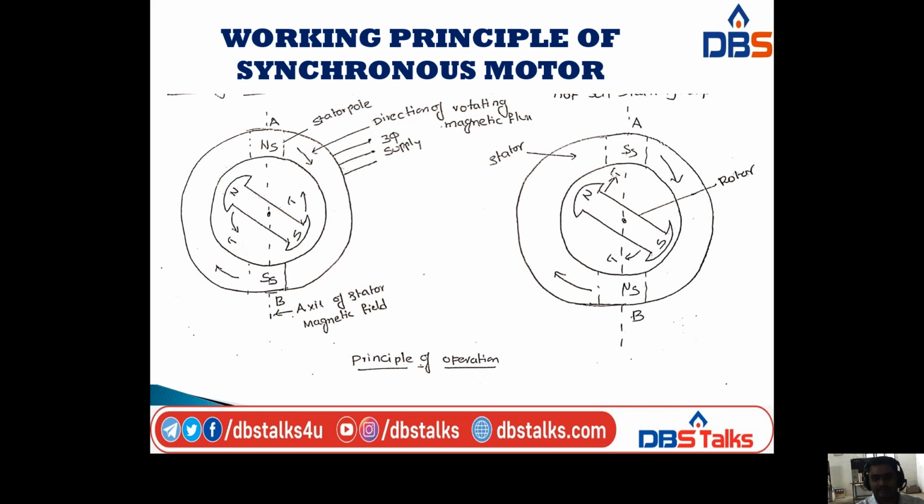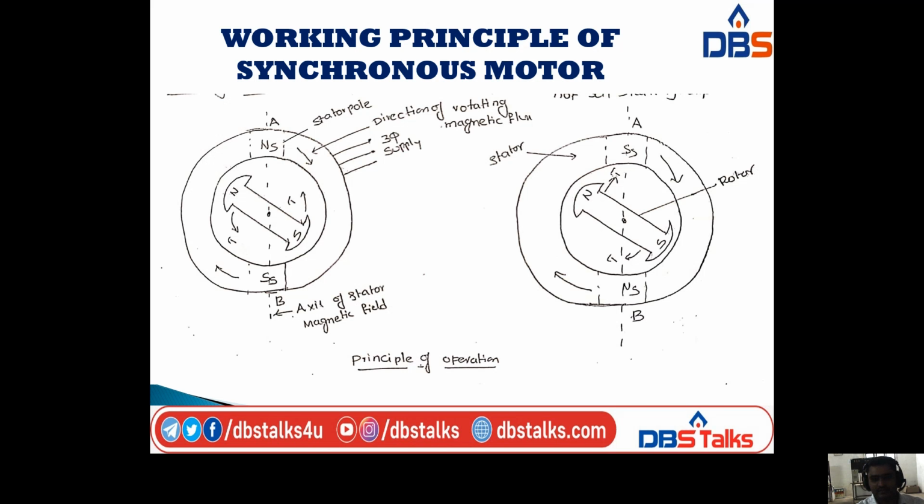Next, we are giving the three-phase supply to the stator, that means to the armature winding. Here we have a vertical dotted line, which gives the axis of the stator magnetic field.